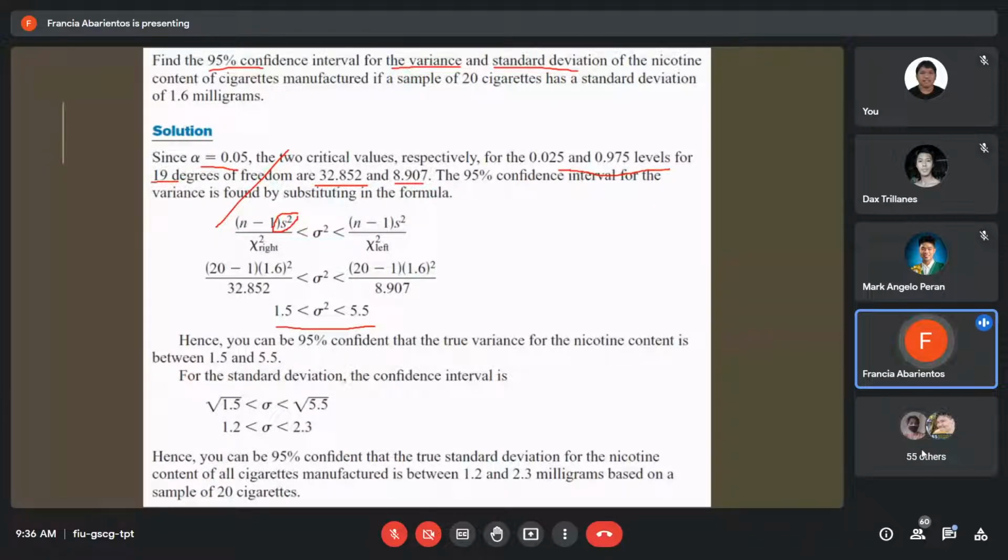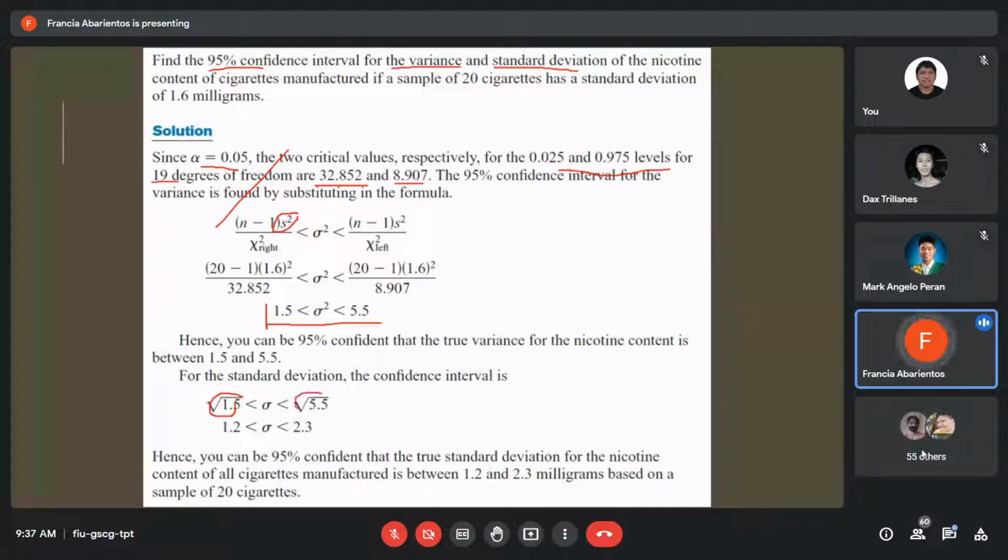Just substitute properly, class. Then we will get the interval in the given problem. Okay? This is what we are asked to find, wherein the point estimate is where it falls. Okay? So, it is easy. As long as there is a table, and you know how to read a table, and for the standard deviation, you just need to find the square root of that.